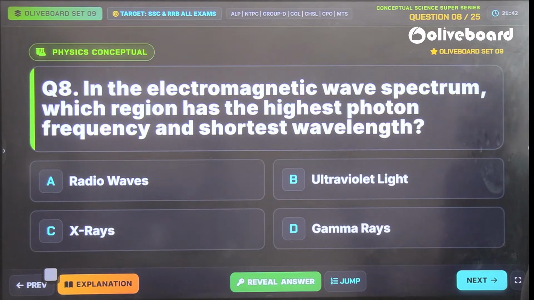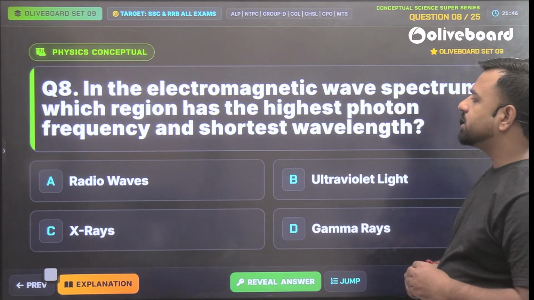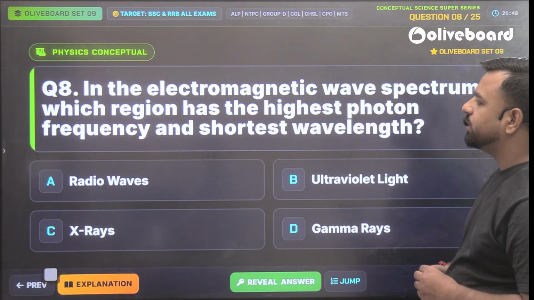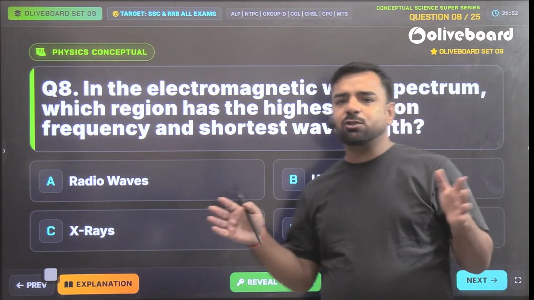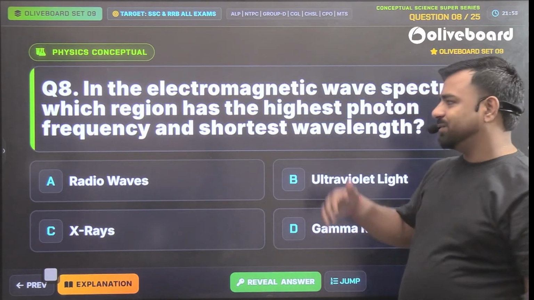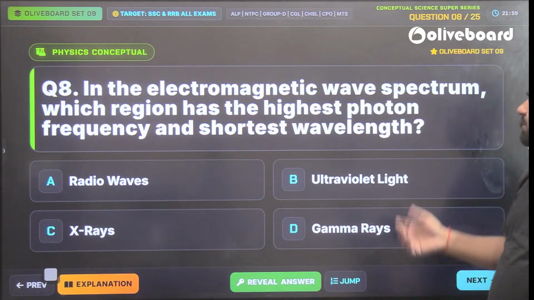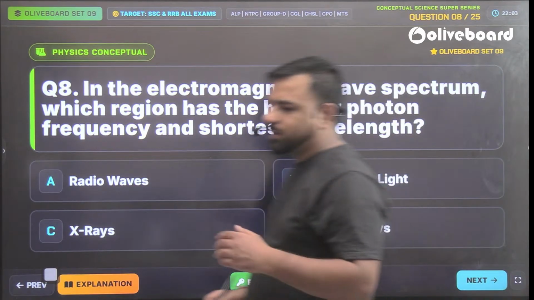What about the next question? In the electromagnetic wave spectrum, which region has the highest photon frequency and the shortest wavelength? So this is the combination of two different questions. Questions can be directly asked, which of the following has the shortest wavelength, or which has the highest photon frequency. So what about the sequence order?